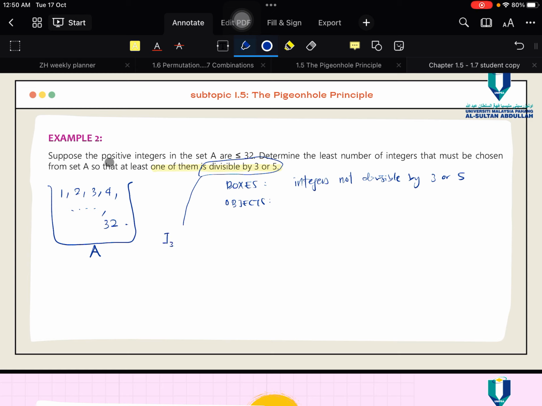Maksudnya integer yang boleh bahagi 3 union dengan integer boleh bahagi 5. Okay, so saya akan senaraikan dulu integer yang boleh dibahagi 3, 6, 9, 12, 15, 18. Okay, yang boleh dibahagi 5.